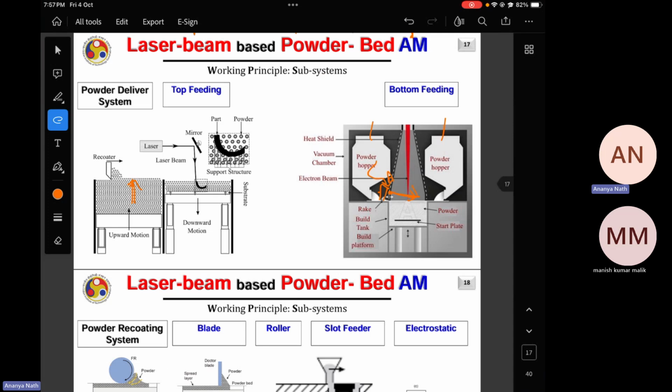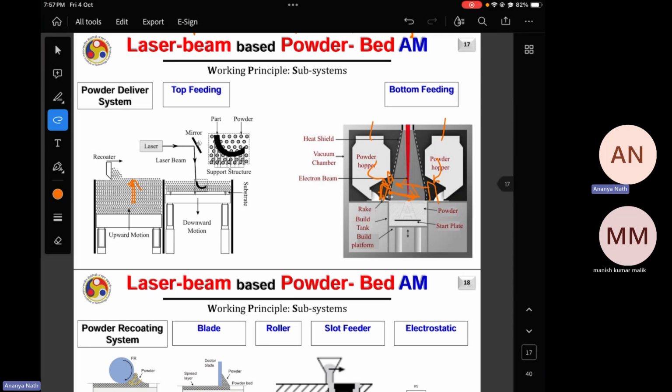Then the recoater will move and come to this position. The laser will come and consolidate one layer of powder. Then again from this powder hopper, some more powder will come. The recoater will spread it over the build plate at 30 micron layer thickness. Again, the laser will come and consolidate the powder.